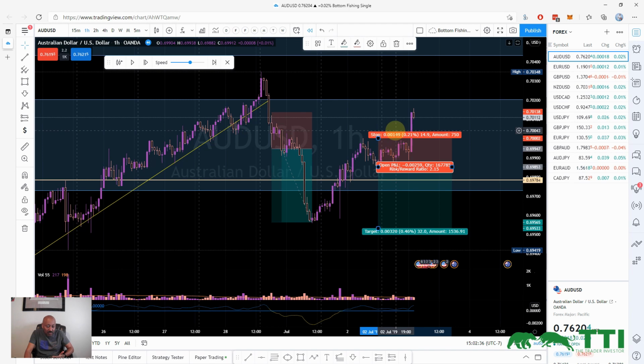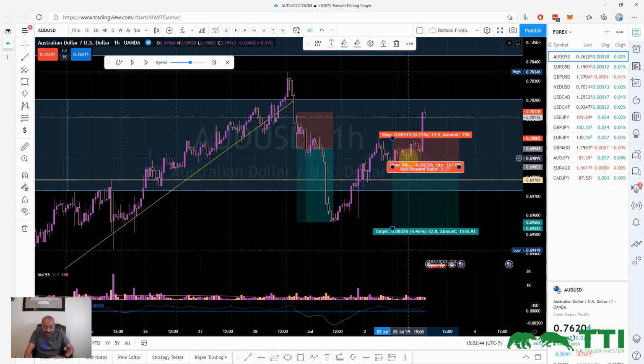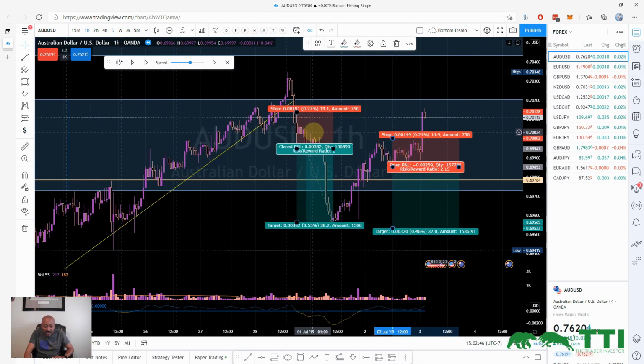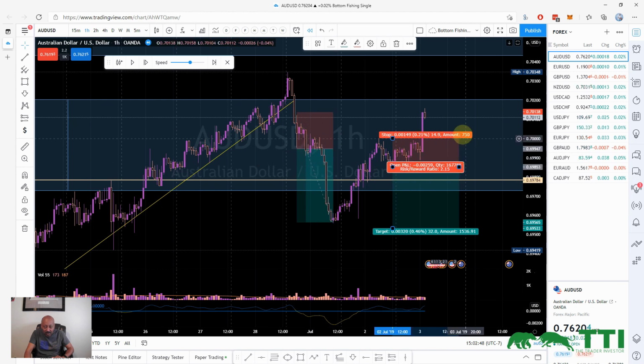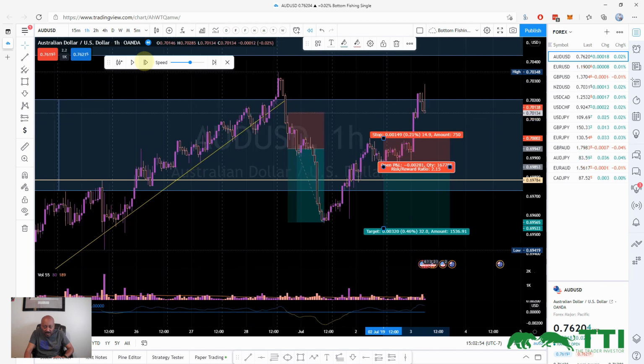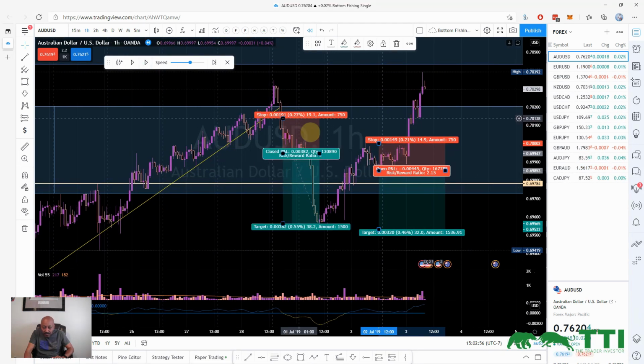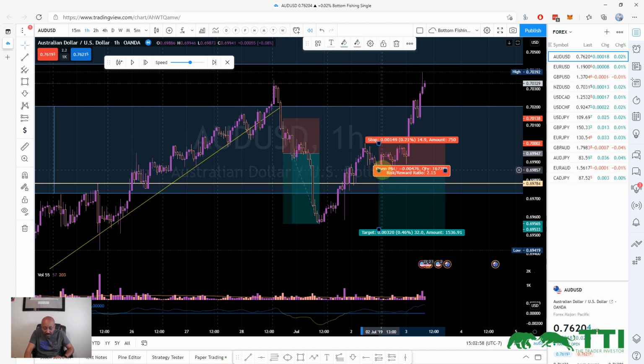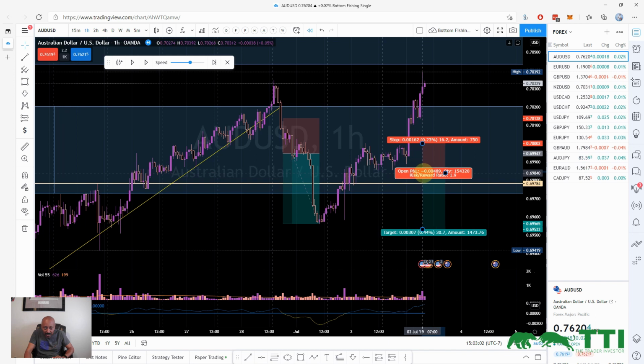So if I were to re-enter, this is how I look at it. Was there a break of structure that we saw happen, or did we not even enter and we continue to push down? Actually, as you can see, we were not triggered, right?